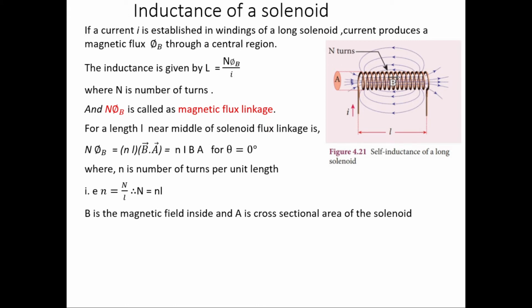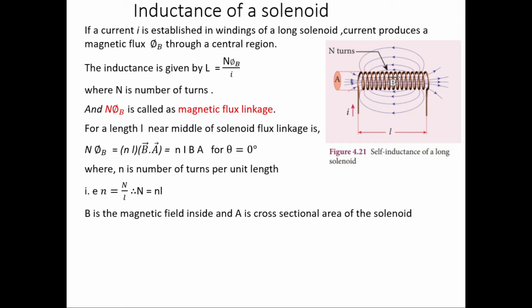If we write capital N in terms of number of turns per unit length, we can write capital N as small n into l, because small n is the number of turns per unit length, that is small n is equal to capital N upon l.